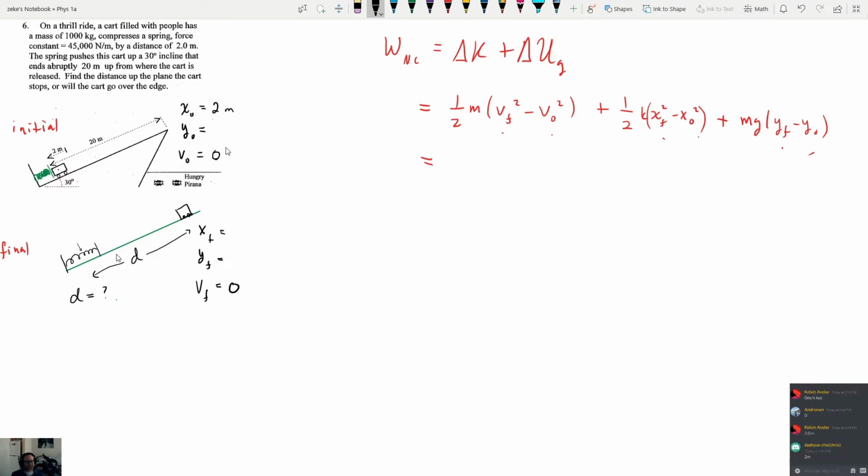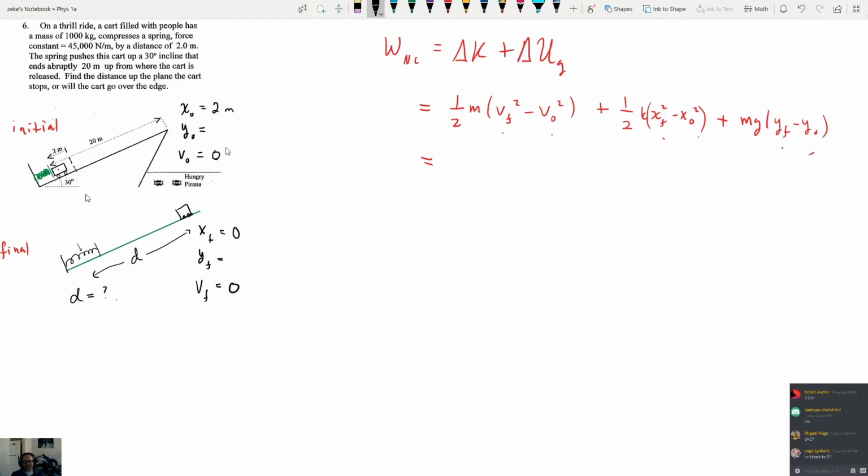And how far is the spring compressed in the final situation? It's not d plus 2. The spring isn't really doing anything in the second part, right? It's no longer connected to this. It's not really storing any energy anymore. It's back to 0, yeah. Back to the equilibrium position.